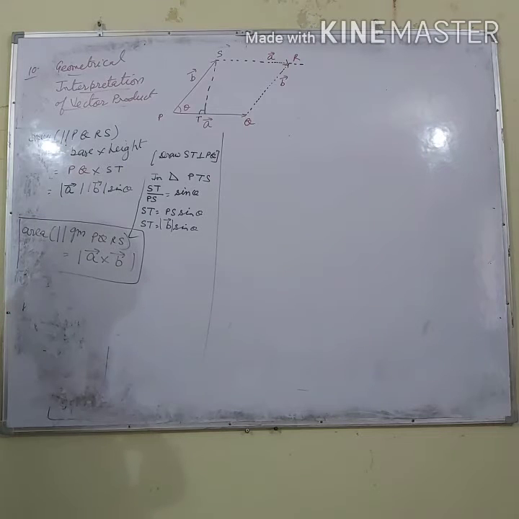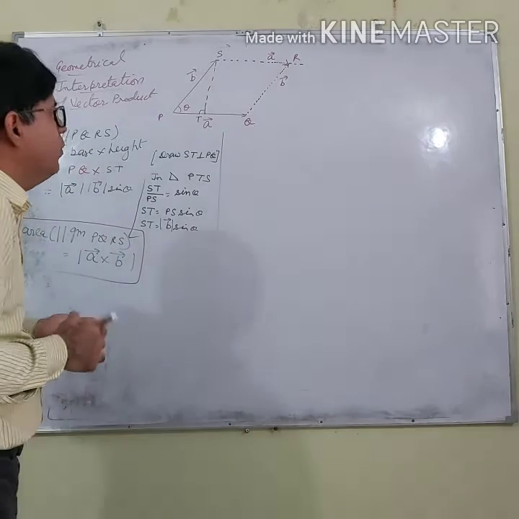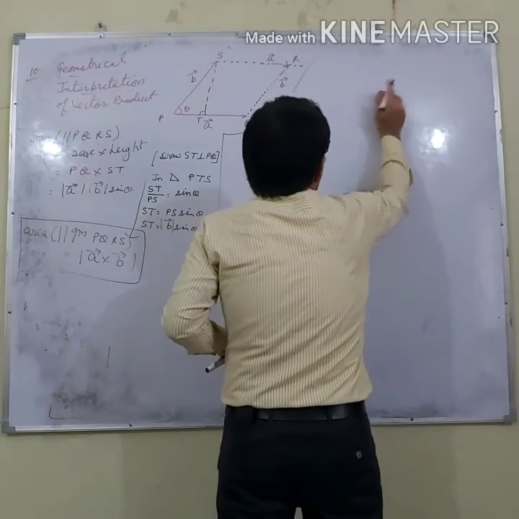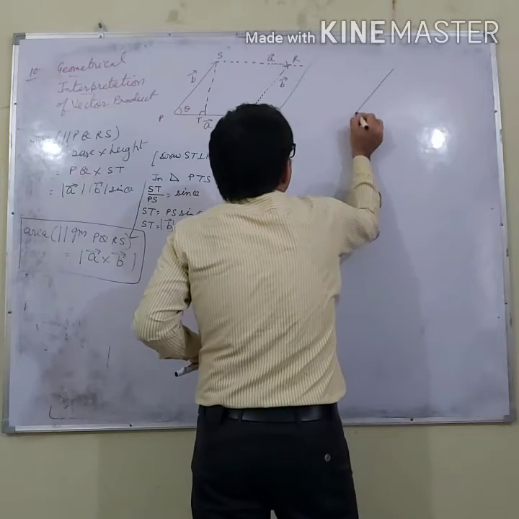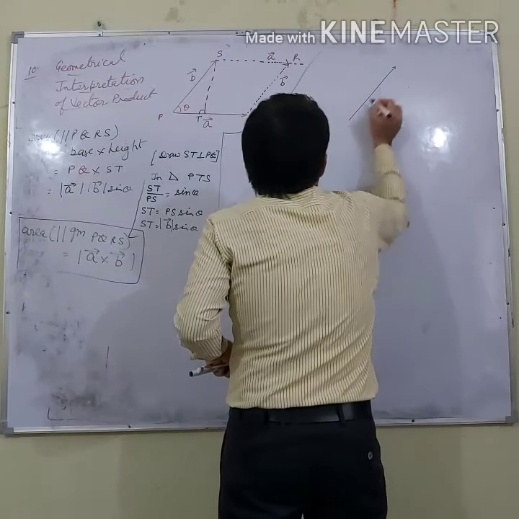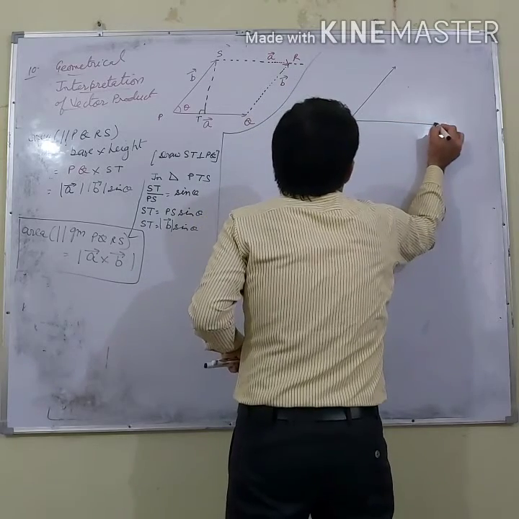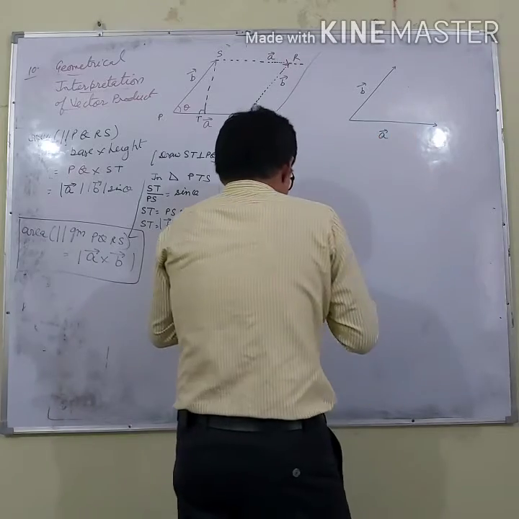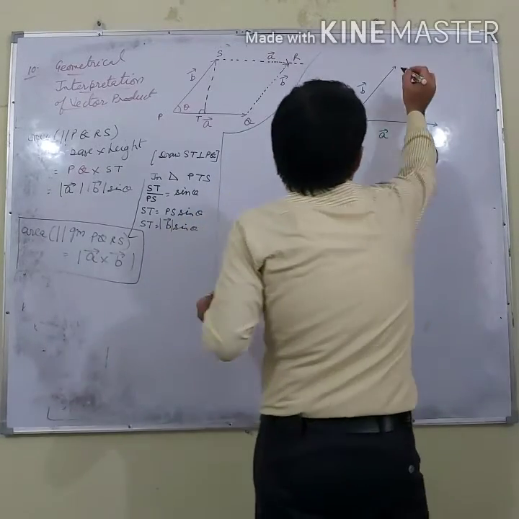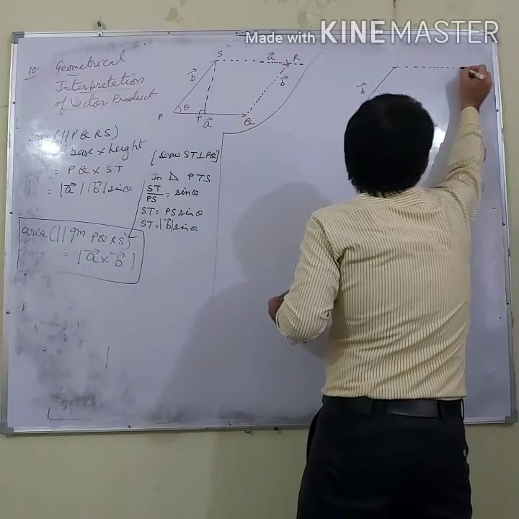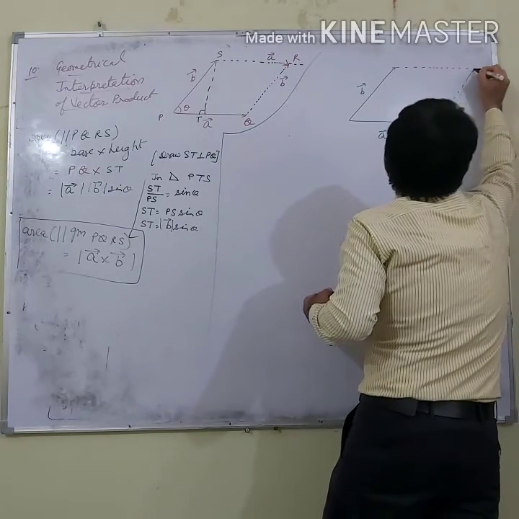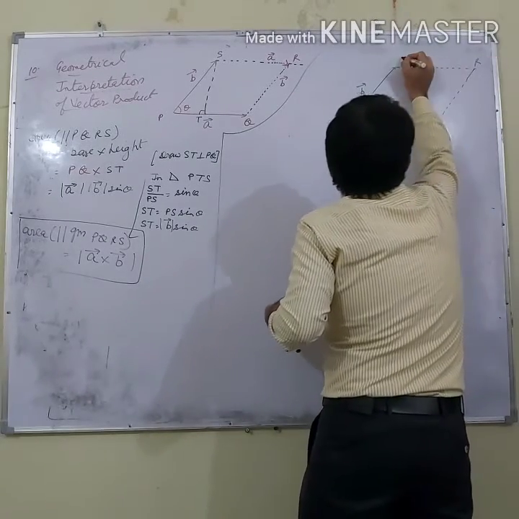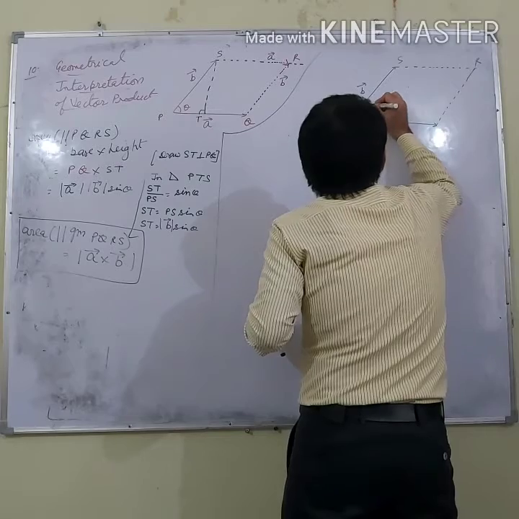Now let me draw one more figure. Let us say this is vector B and here it is vector A. Again draw a line parallel to vector A and parallel to vector B. So this is PQRS, and this angle is theta.